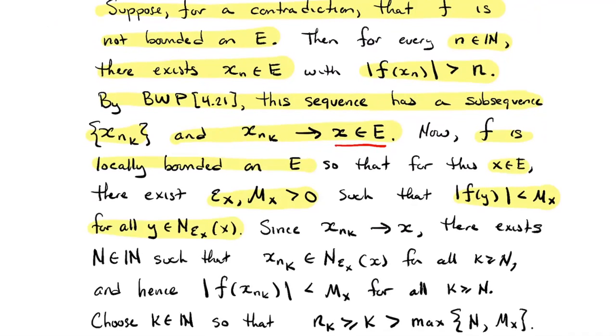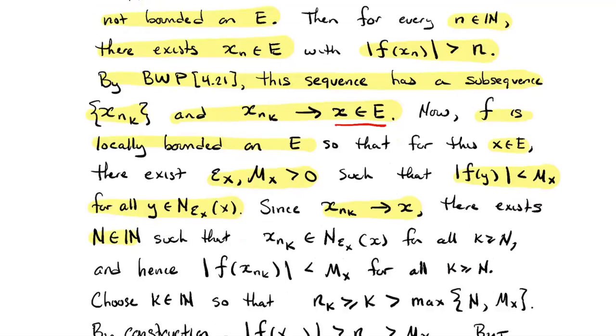But our subsequence converges to x. So its terms are eventually in this epsilon sub x neighborhood. That is, there's some number n, so that if you take k larger than n, then your subsequence terms are in that epsilon neighborhood. So in this epsilon neighborhood, f is bounded, and the subsequence terms eventually get in there and stay in there.